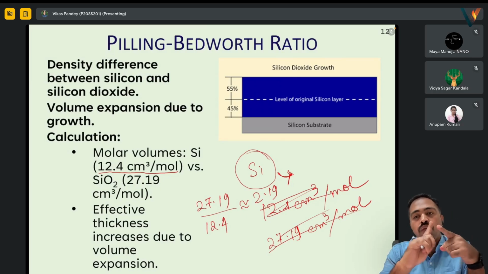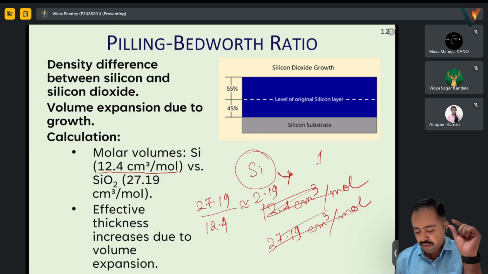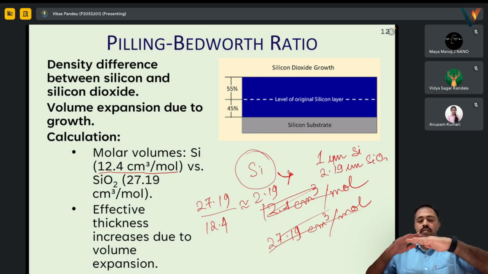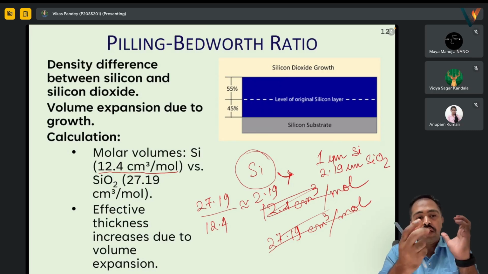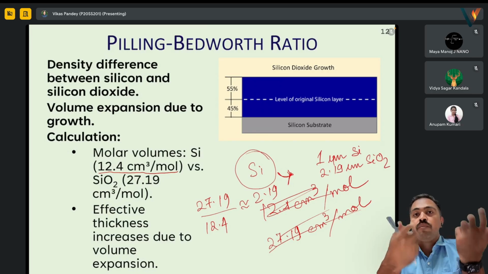for 1 micrometer thickness of silicon, we will get 2.19 micrometer of SiO2 when we are talking in the sense of thickness of growth, because oxygen is coming and the SiO2 that is forming is occupying more volume.